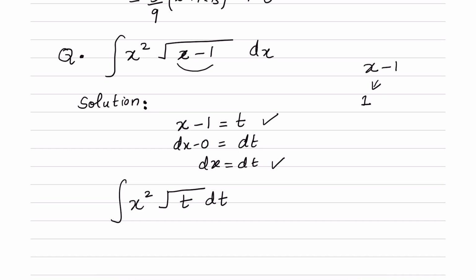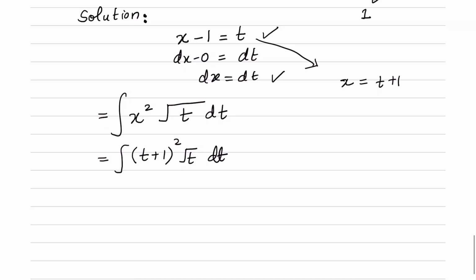So we have to fix that. How can we do that? We see that from this substitution, x minus 1 equals t, so from here we can find the value of x, which is x equals t plus 1. So in the place of x we can put t plus 1 whole square root t dt.